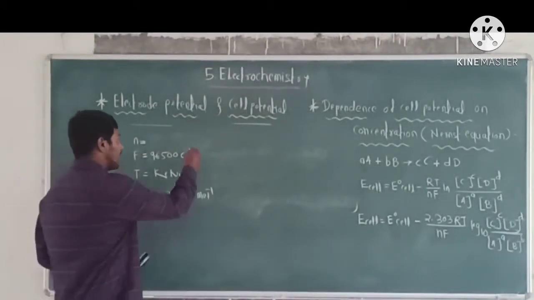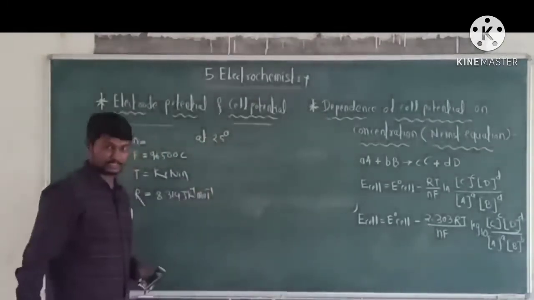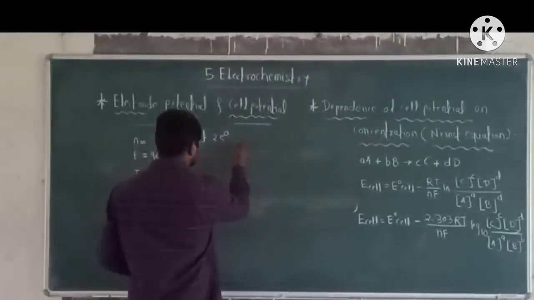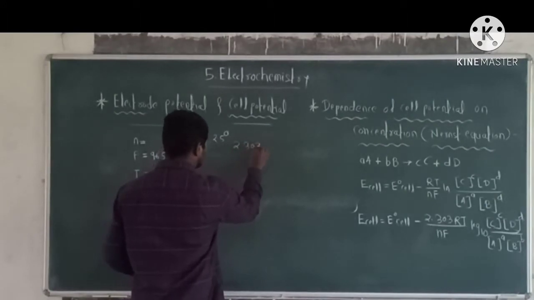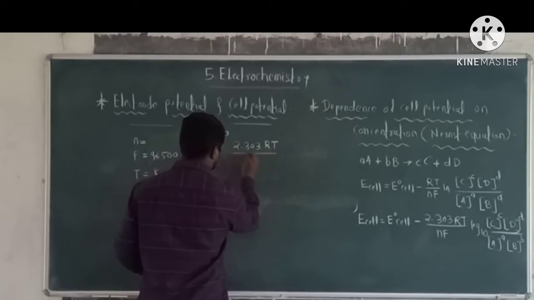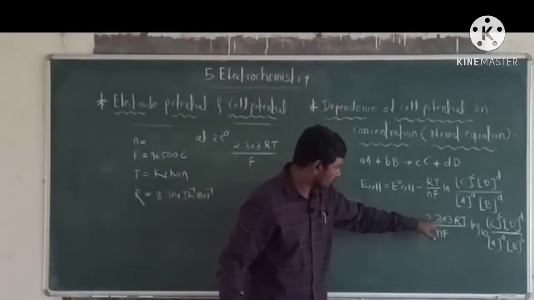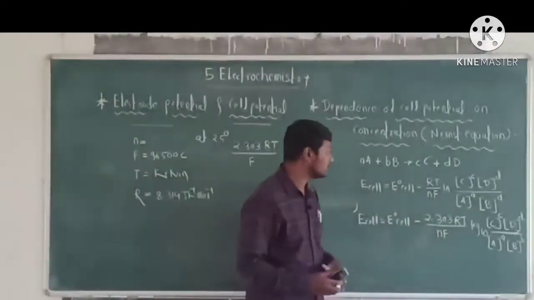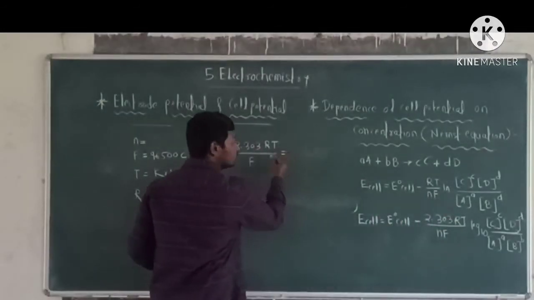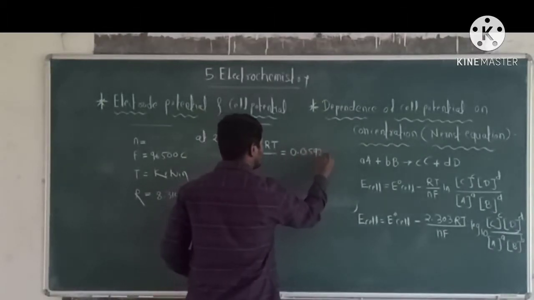Now at 25 degree Celsius, 2.303 RT upon F is equal to 0.0592 volt.